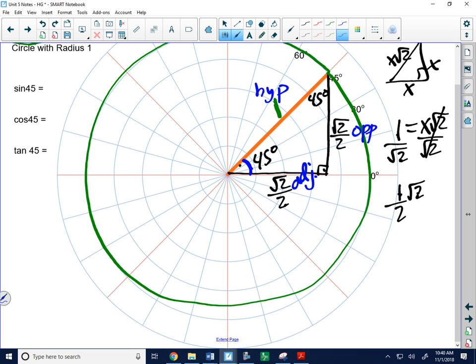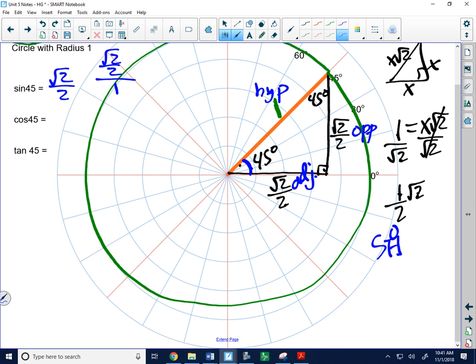Okay, now let's do sine, cosine, and tangent. So sine, opposite over hypotenuse, that's radical 2 over 2 divided by 1. Now I'm not going to write the divided by 1 because that would just be radical 2 over 2.